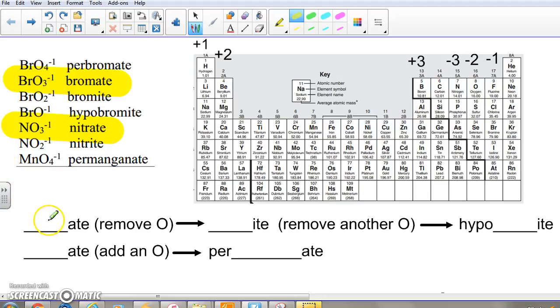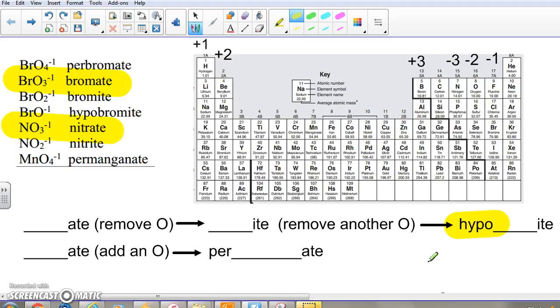So if you have chlorate or bromate or nitrate and you remove an O, then it becomes the same thing with an ite ending. Bromate becomes bromite. Bromite, if you remove another O, becomes hypobromite. I didn't mention this in the first video, but the prefix hypo actually means the opposite of hyper. Hyper means elevated.